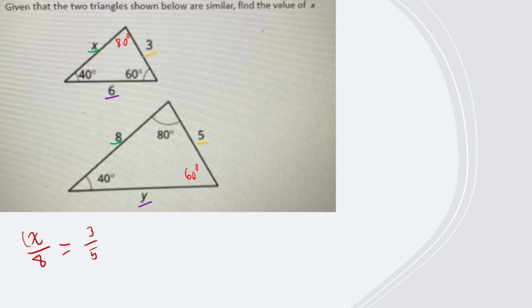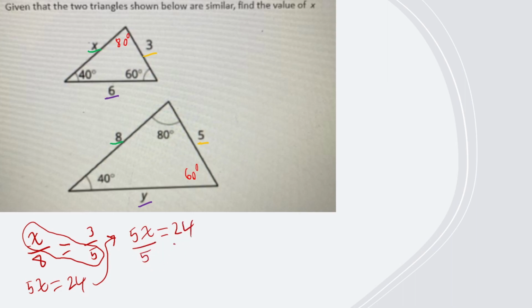Now we cross multiply. x times 5 gives me 5x. 3 times 8, 8 and 8, 16, plus 8 is 24. And then last but not least, we divide both sides by 5.